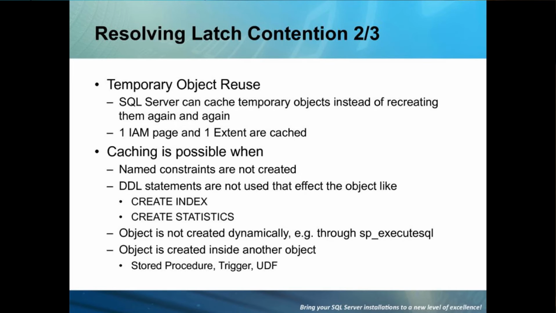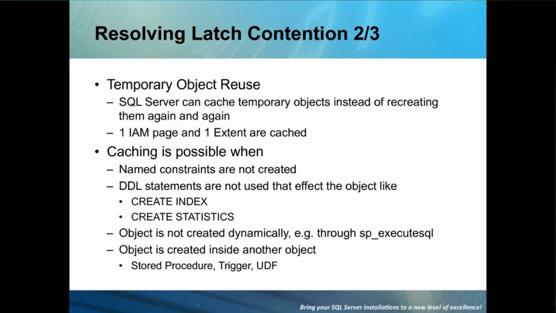Okay? That temp table caching is only possible with some prerequisites. For example, we are not allowed to use DDL statements within our stored procedure. Just think back to what I have done earlier. I have created a temp table, and afterwards I have created a unique clustered index on that temp table.